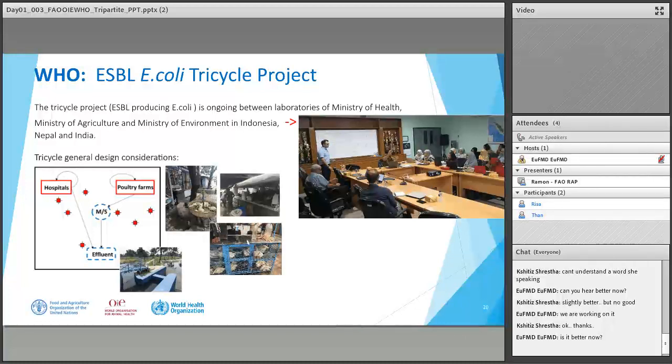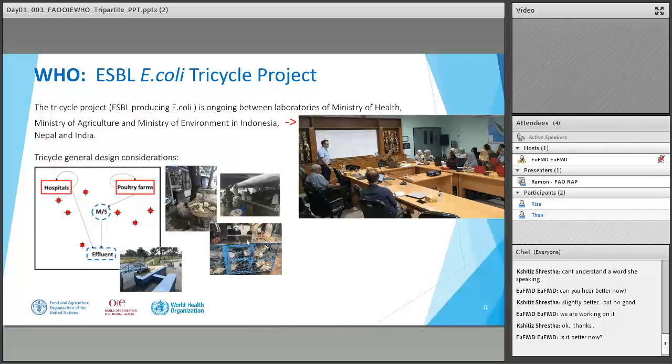So it's looking particularly at ESBL-producing E. coli, starting off with the identification of patients in hospitals who are showing ESBL E. coli.